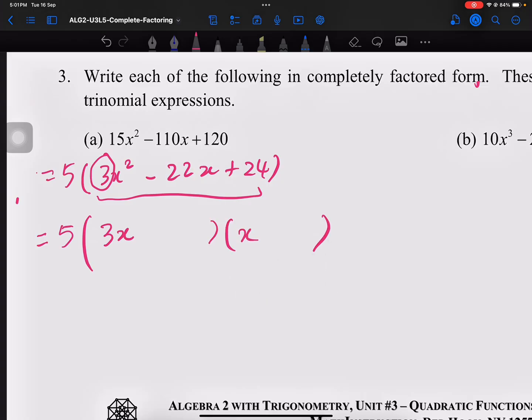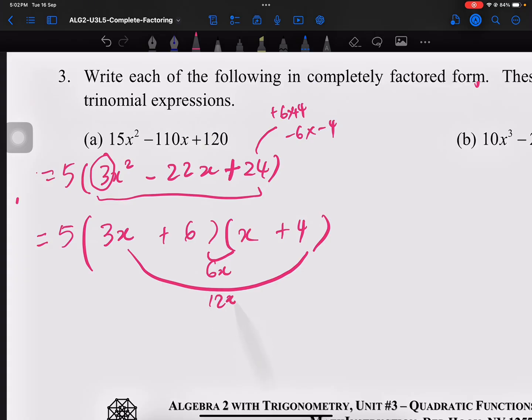So what times what becomes 24? We have 6 times 4. Now here is plus, whether we have both plus or both minus. We try first both plus. We get 6x here, we get 12x here. When we add up, it becomes 18. So no.